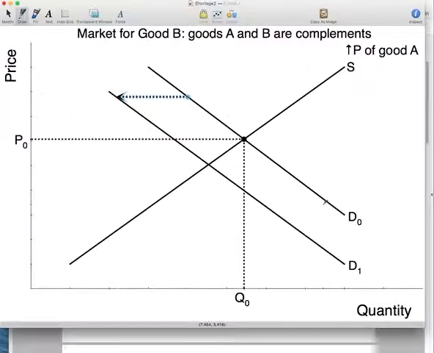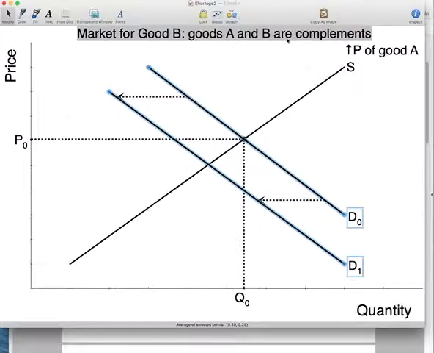Do the same thing, let's say, over here. All right, so the shift from demand curve D0 to D1 is caused by the fact that you have an increase in the price of good A, and goods A and B are complements. So the demand curve shifts to the left.